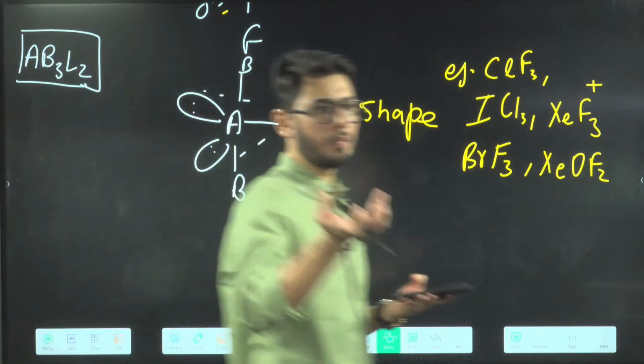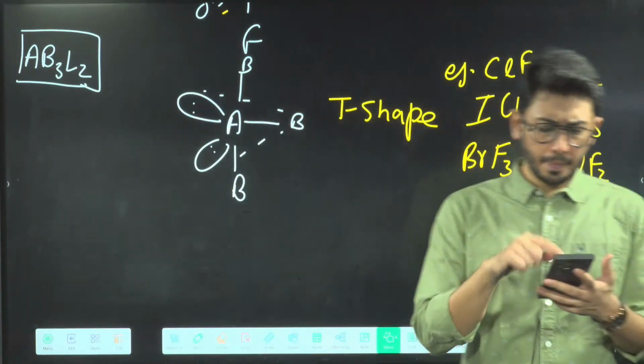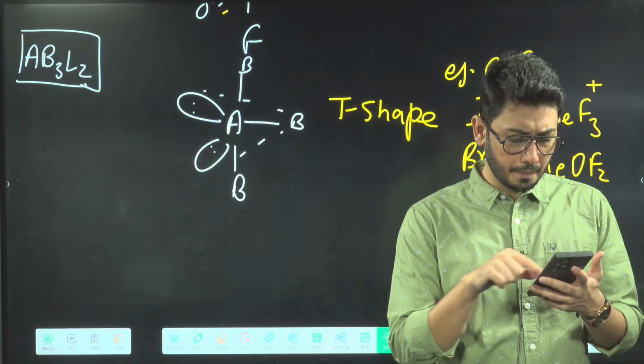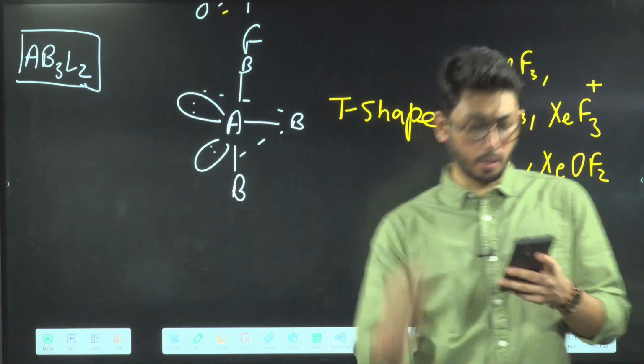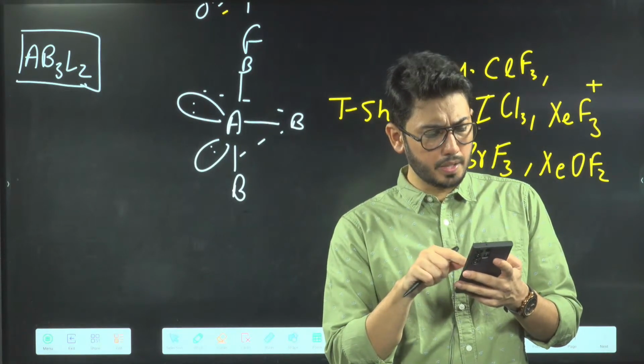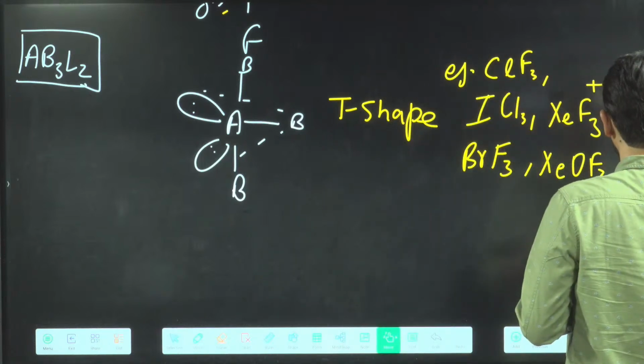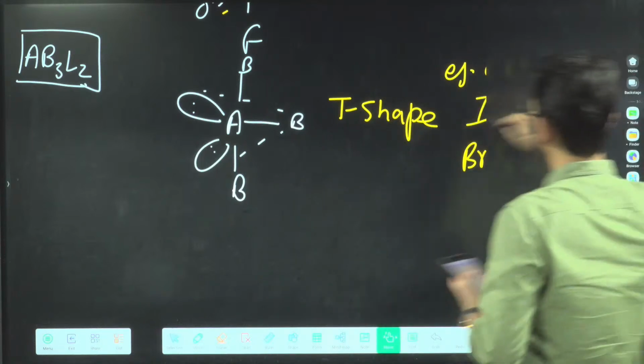Now bent shape also, bent T shape we can say. Now in NCERT you can underline the information which is given there. For SF4 they have given important information. On which page is it? On page 116, this is given.